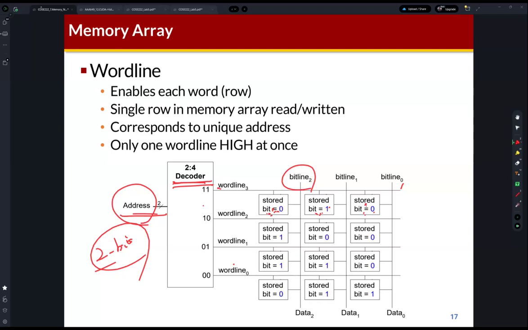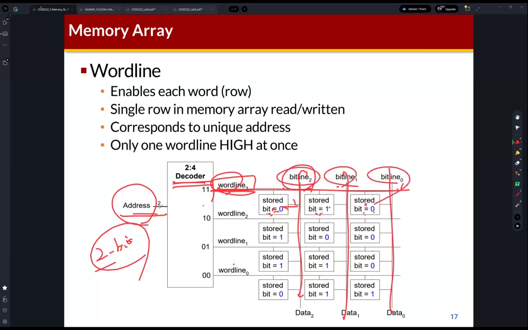Because there are 3 memory cells connected to one word line, we require 3 bit lines. The bit lines are also connected to this memory cell. As I mentioned, the memory can be structured as a 2D array. The word line can activate the entire entry, and multiple bit data can be stored in this entry.